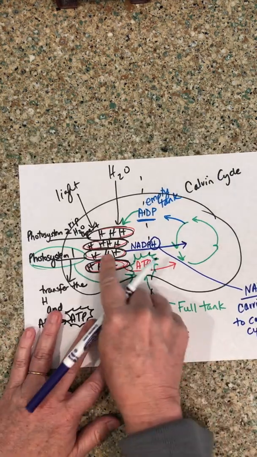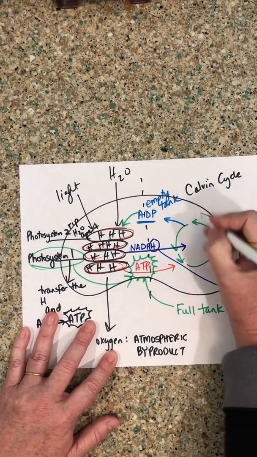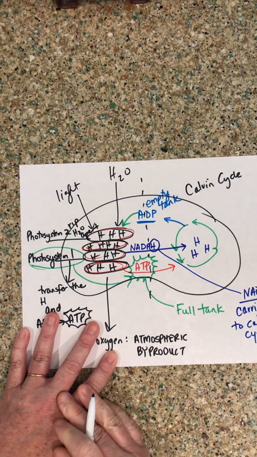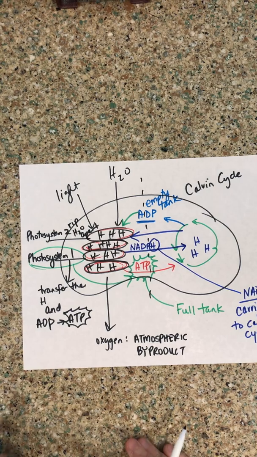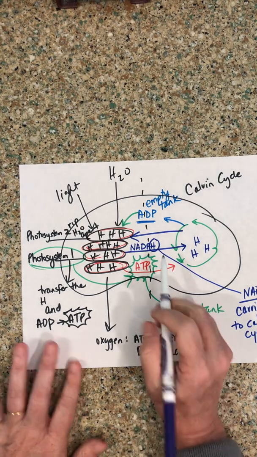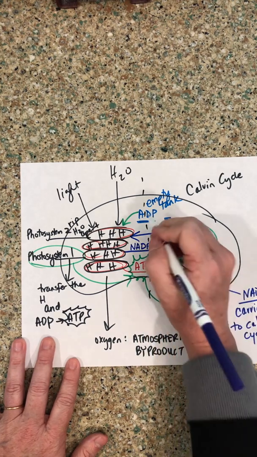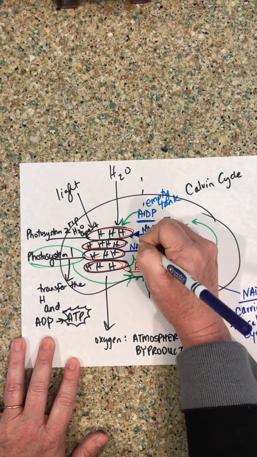So he is going to carry hydrogen all day long, okay? So he carries it, dumps it off, carries it, dumps it off, carries it, and dumps it off. Now, when he dumps it off, this should be a very simple concept for you because the H now gets dumped off. He is not NADPH, he is just now NADP, okay?